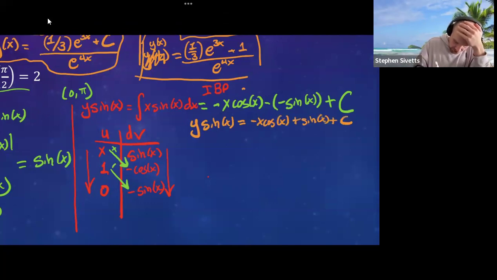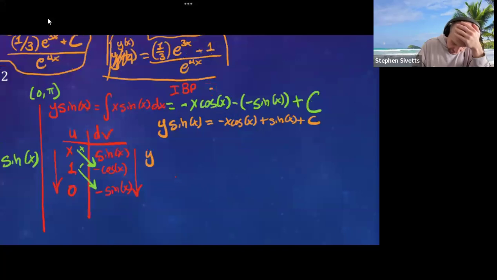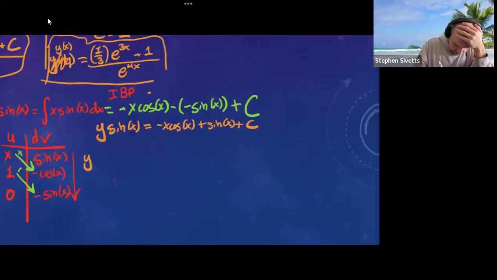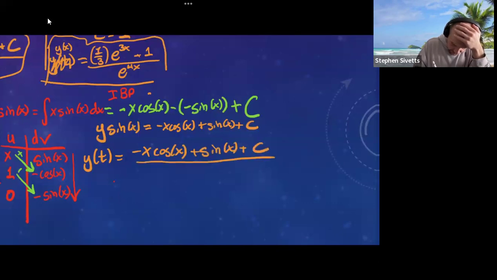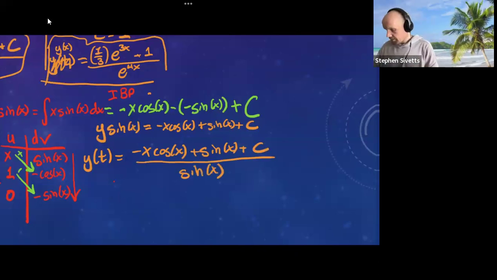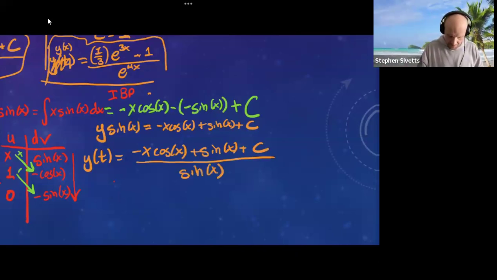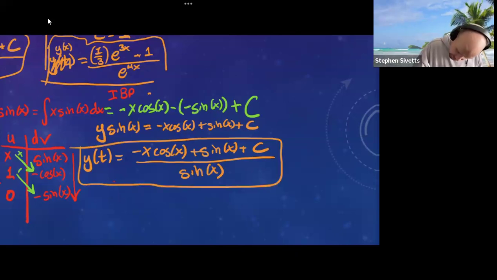And so the general solution y of x equals minus x cosine x plus sine of x plus c, divided by sine x. Okay. So hopefully that makes sense. So right here, this is the general solution.